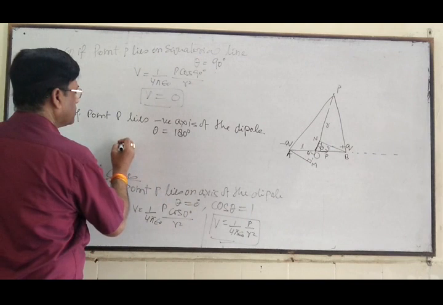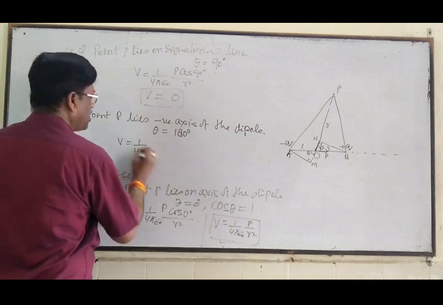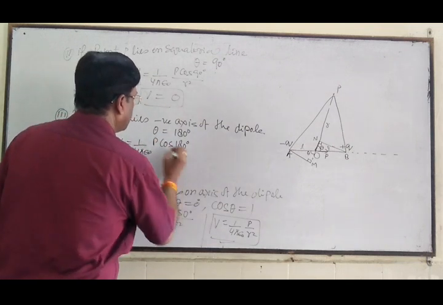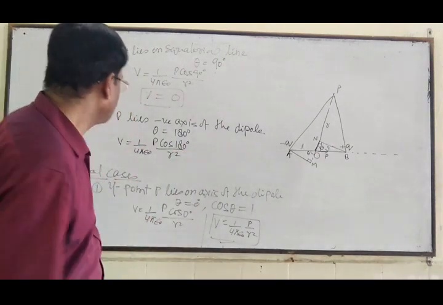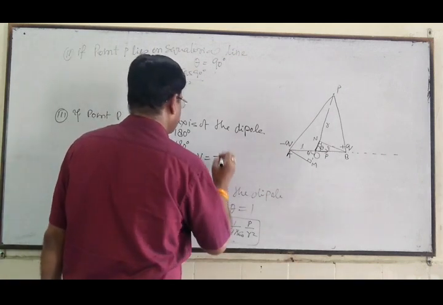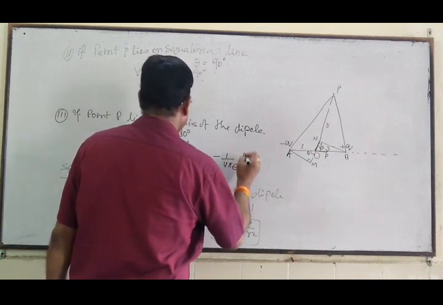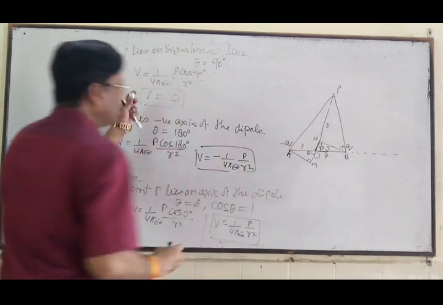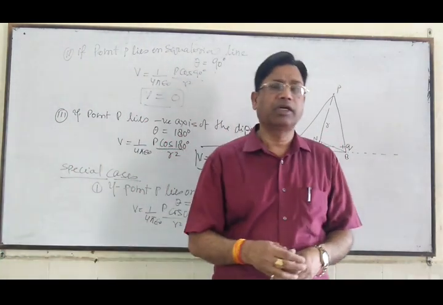Then V is equal to 1 upon 4 pi epsilon naught P cos 180 degree upon R square, and the value of cos 180 is -1. Then you get V is equal to -1 upon 4 pi epsilon naught P by R square. This is all about the electrical potential due to a dipole at any point.